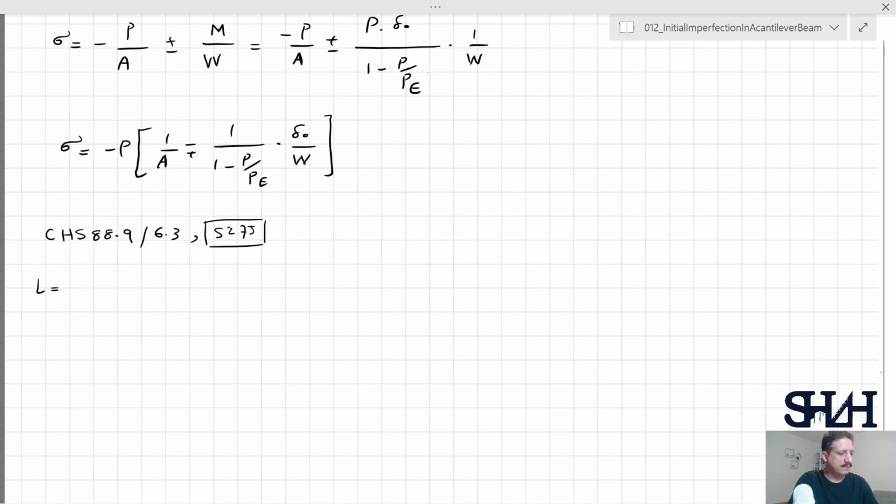Assume that the length of the column is 5 meters and delta 0 is L divided by 1000.